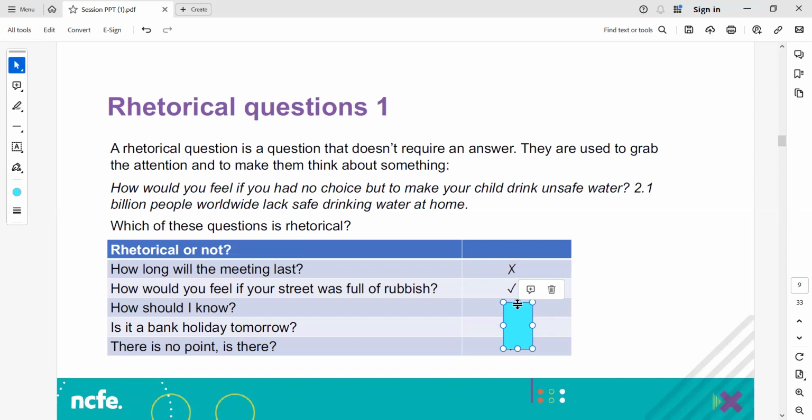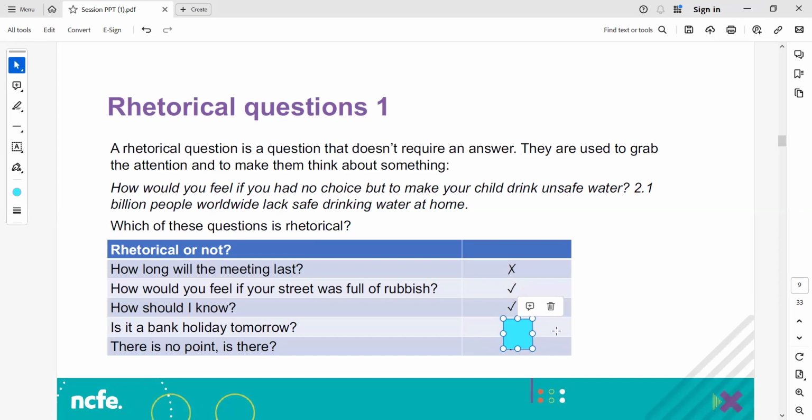Rhetorical or not? It's a very common rhetorical question. We don't want an explanation of all the reasons why we should know. It's a rude response, really. Rhetorical question.